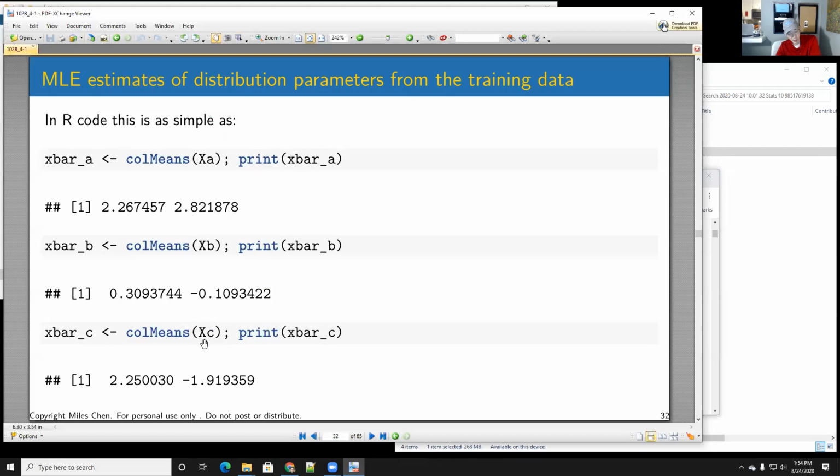And then class C, when we generated it, had a mean of 2, negative 2, but because we have random data, we're getting 2.25 and negative 1.9. And so these are the estimated means based on the data that we have, okay?